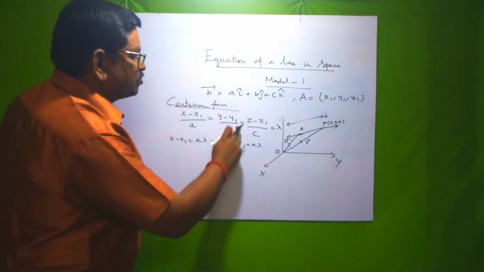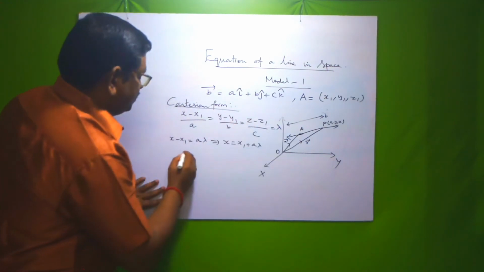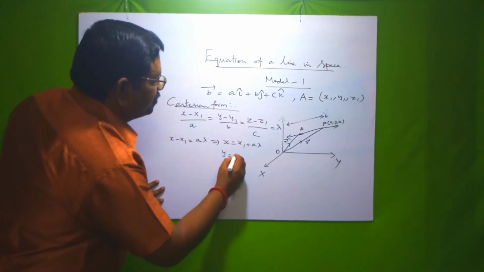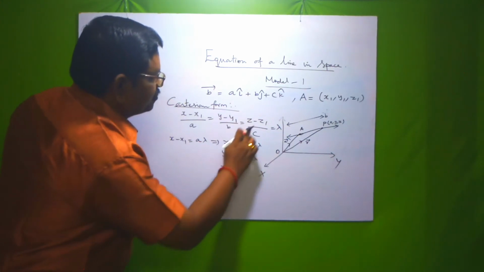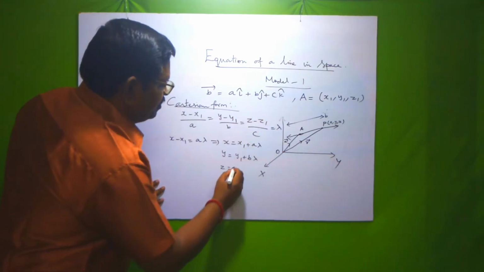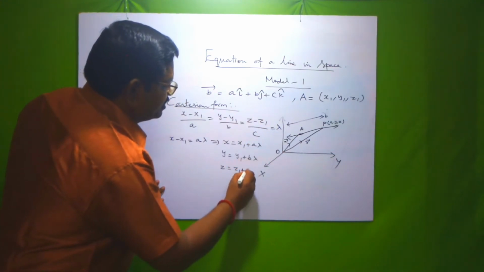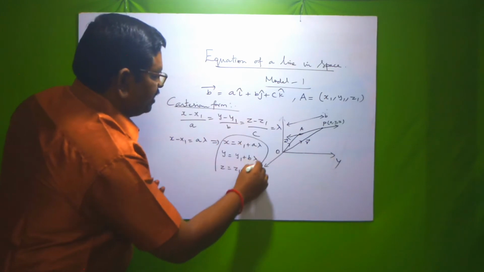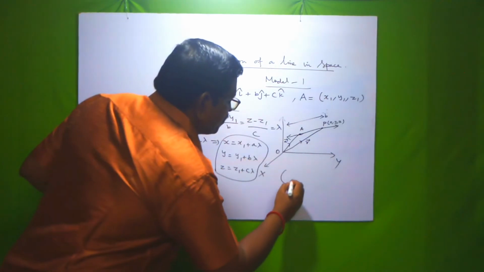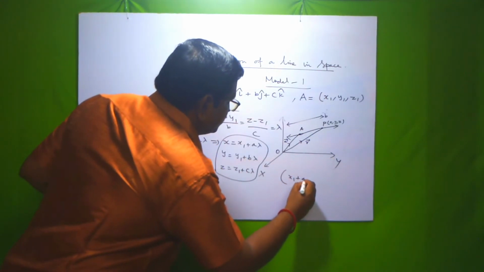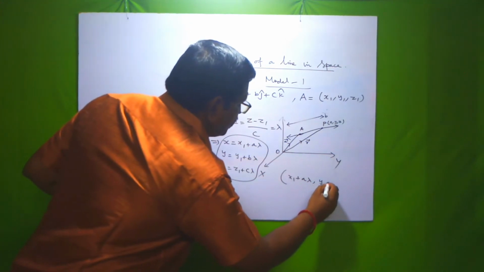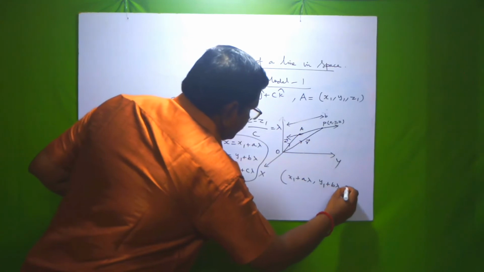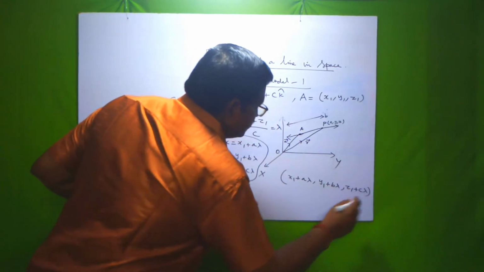Similarly, we can take y minus y1 by b equal to lambda. With that we get y equal to y1 plus b lambda, and z equal to z1 plus c lambda. If you write these three in an open bracket, we will get x1 plus a lambda, comma, y1 plus b lambda, comma, z1 plus c lambda.